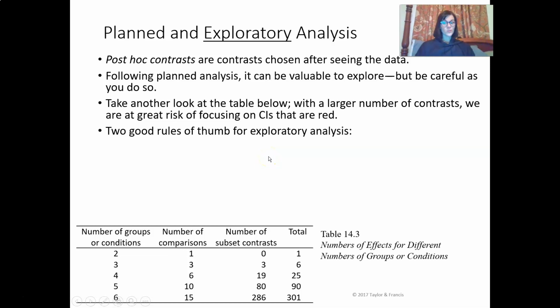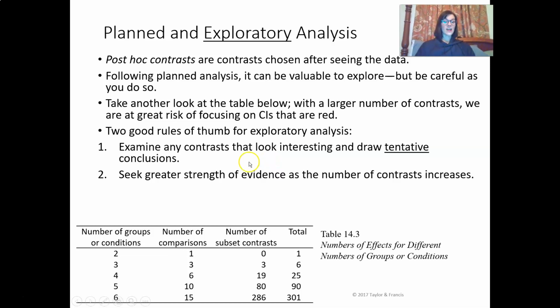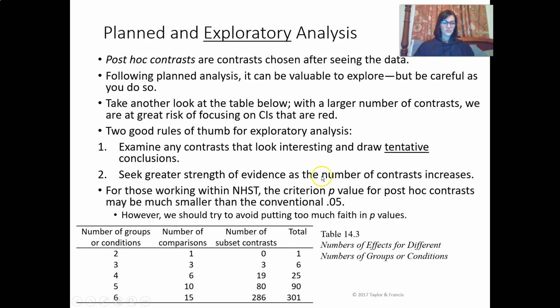So here are 2 rules of thumb for an exploratory analysis. Draw tentative conclusions for any contrasts that look interesting, and look for greater strength of evidence as the number of contrasts increases. Don't just go with something that happens to have a p less than 0.05. If you are doing a lot of different contrasts, you should be focusing on a much smaller p-value or a much smaller confidence interval.